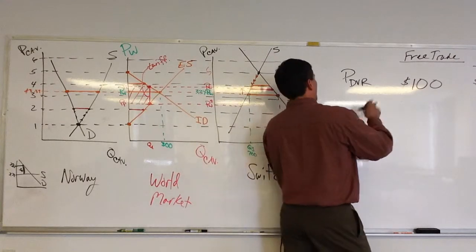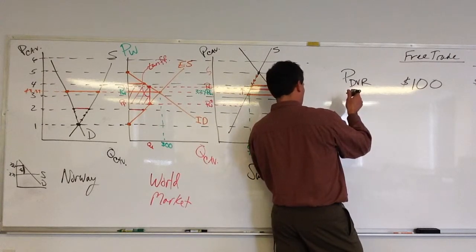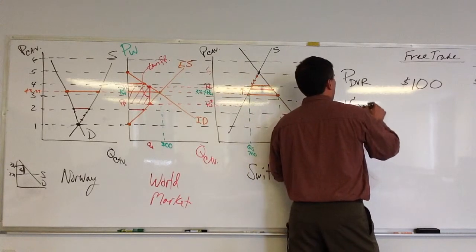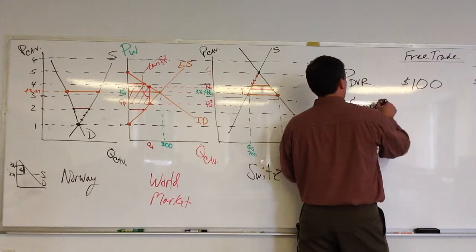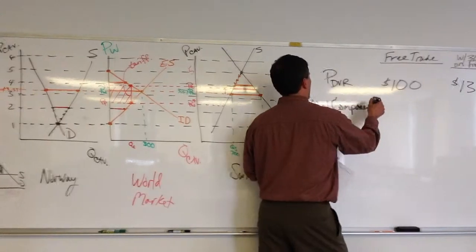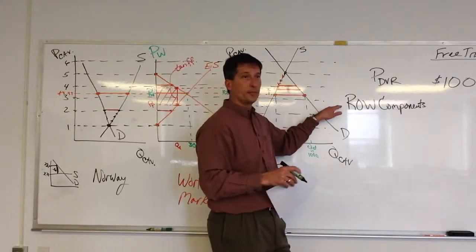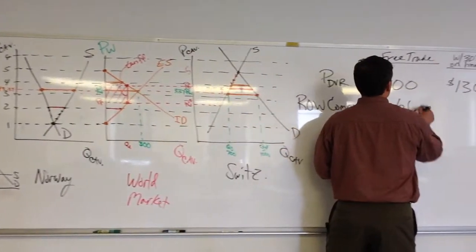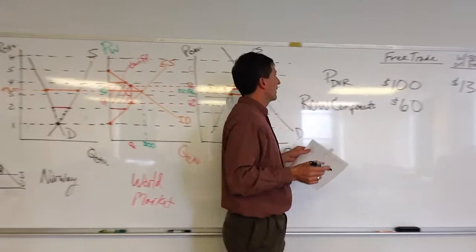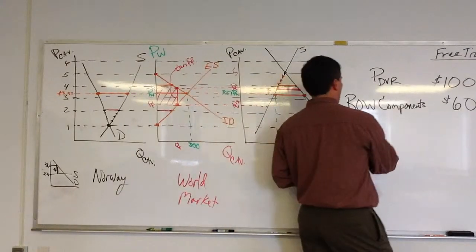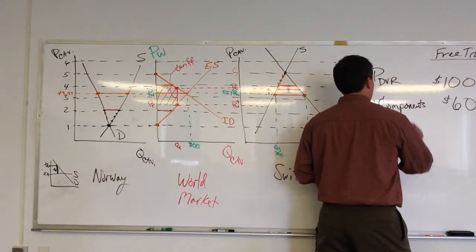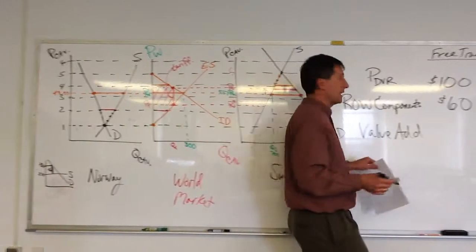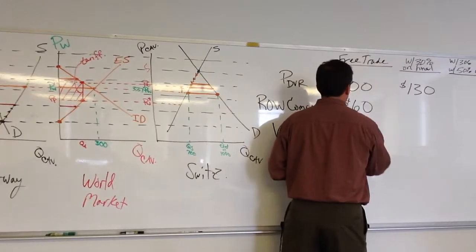Now, before we go too much further, I want to start dropping down a couple more columns here. So let's say that the DVR has components from the rest of the world, so intermediate goods, of $60, leaving us with a value added, the value add of 40 for the United States.